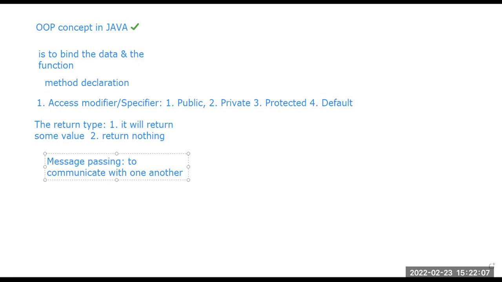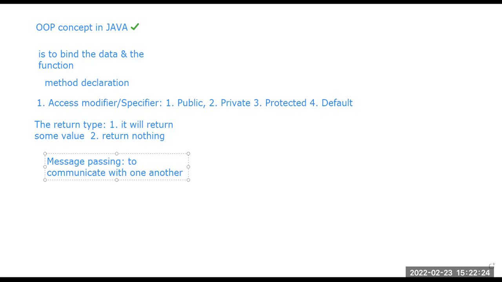And so it will need some function, or some binding of that function and the data together, to get a desired result, to generate a desired result.